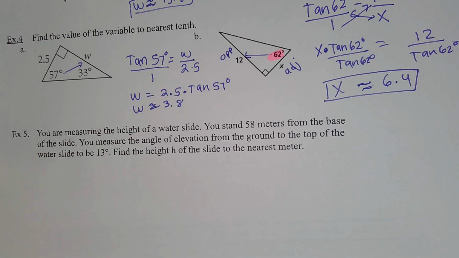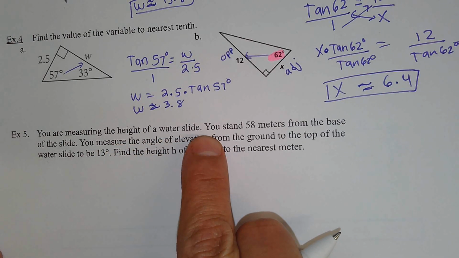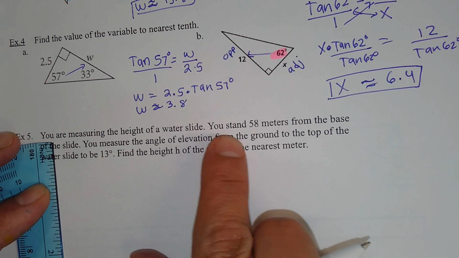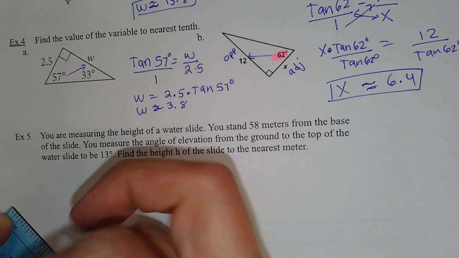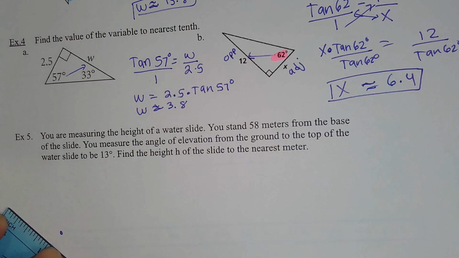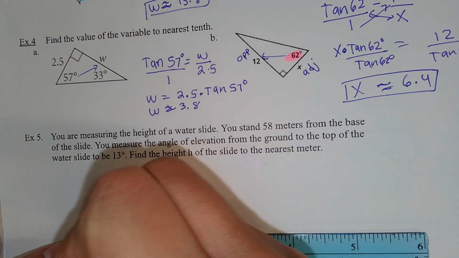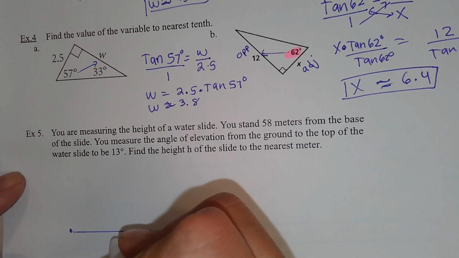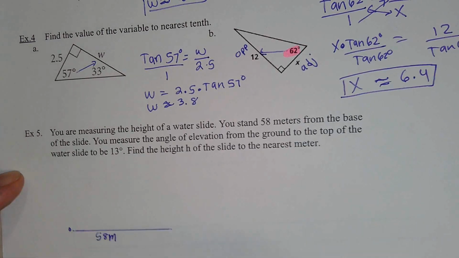So this is what we're dealing with here. It looks like you're measuring the height of the water slide. You stand 58 meters from the base of the slide. So pretend right here, this is 58 meters.